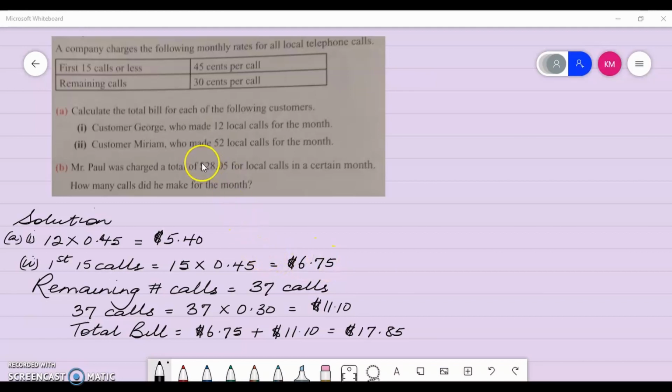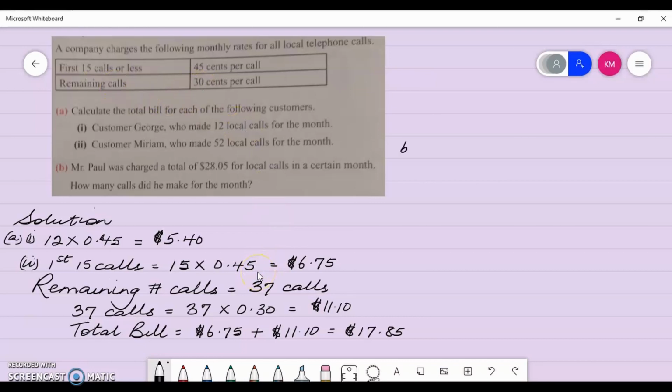So it means that if Mr. Paul's bill is $28.05, it means that he made more than 15 calls. So what we need to do is deduct the cost for 15 calls from that $28.05, and that remaining charge is going to be what was charged for the remaining calls.